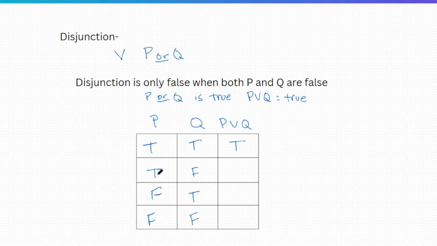For P equal true and Q equal false, since P or Q has to be true to make the statement true, and we know that P is true, our statement will be true. Here we have P is false but Q is true, and since one of them is true, our disjunction will be true. And obviously for the last one, they're both false, so our disjunction will be false.